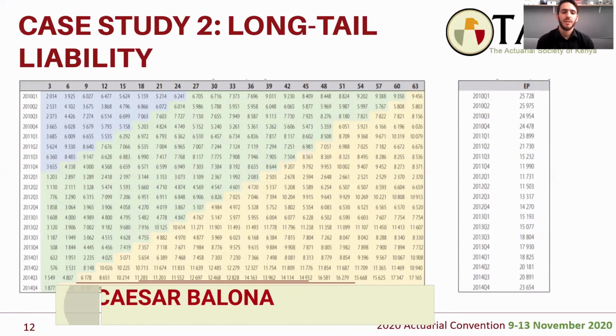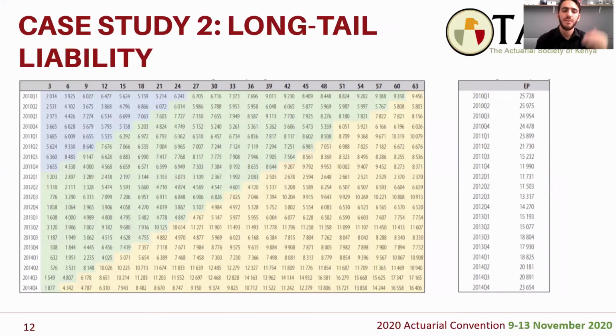There are some nice little catches here and there. So if you look at the first development period, you'll see the claims amount varies quite a bit over the triangle. And in fact, there's even a few spots here and there where you'll see some negative development. So it's quite an interesting case study.